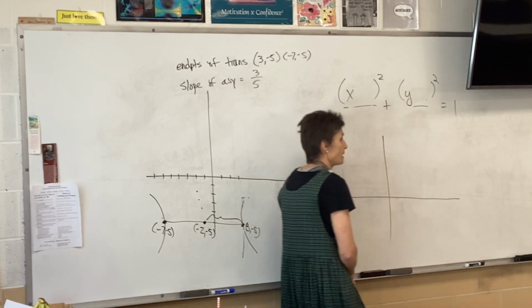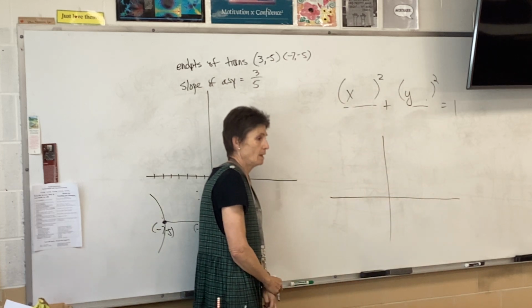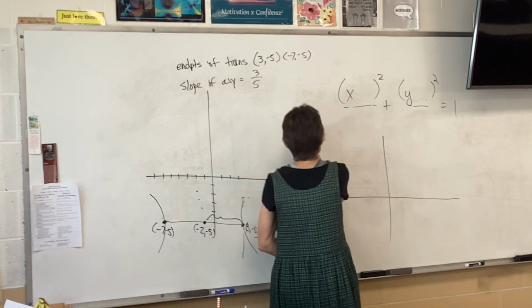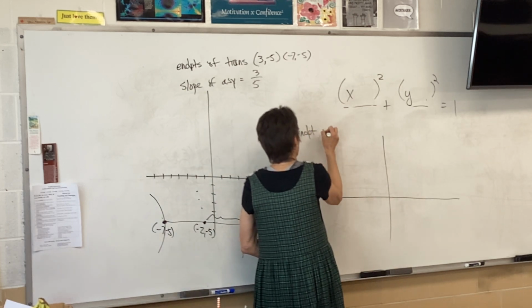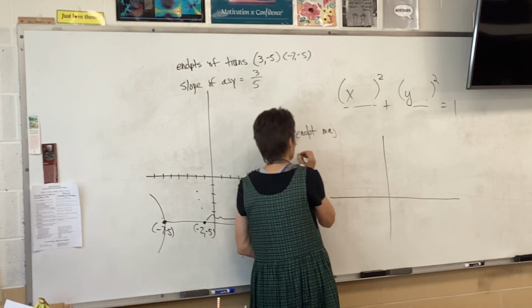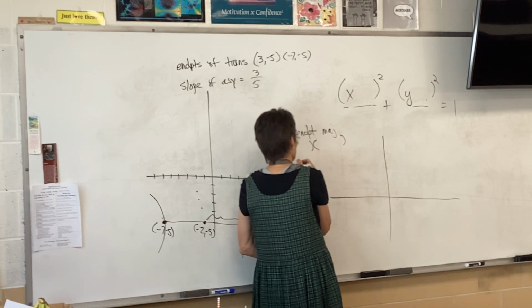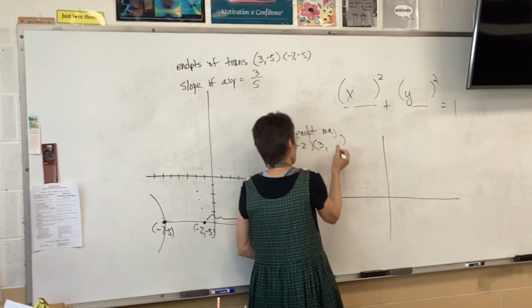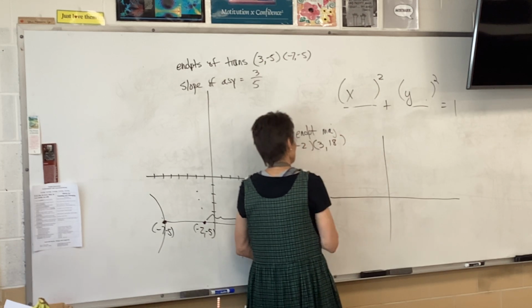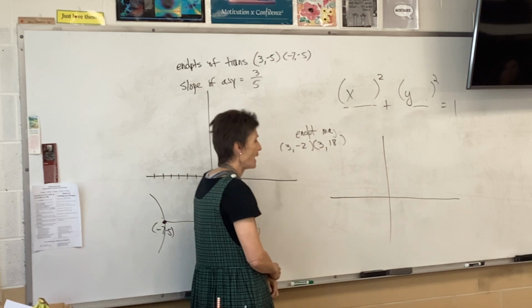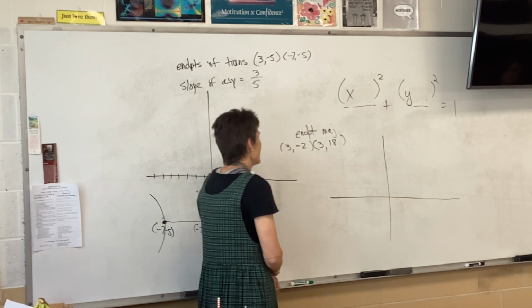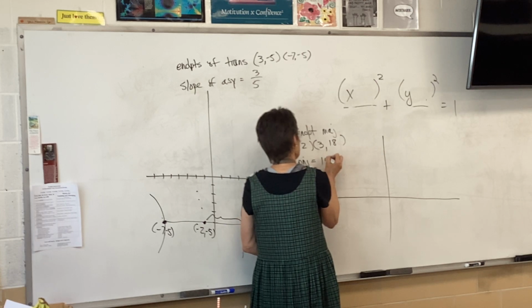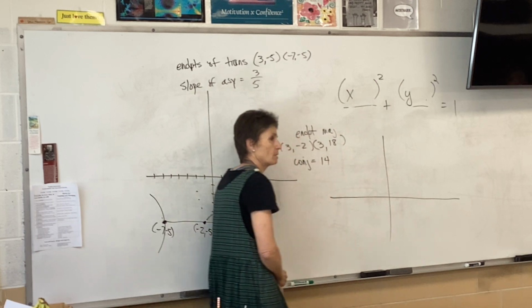And let's say that we know the endpoints of the major axis are (3, -2) and (3, 18). Those are endpoints of the major axis. And the conjugate axis is 14 units long.